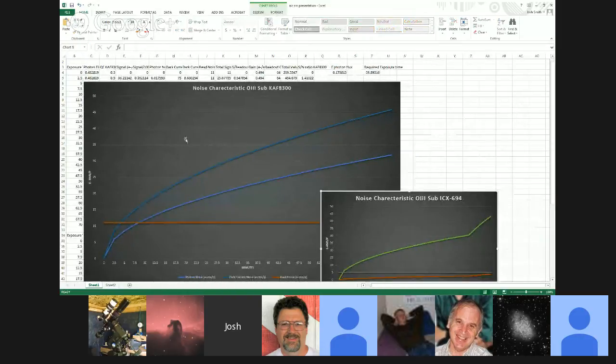Drag this out of the way. So yeah, you can see the dark current noise actually takes over, according to the math, at 0.5, 10 minutes into the exposure, which is not surprising because that would be 50 times, what, 5, and then 50 times more noise than the KAF 8300.